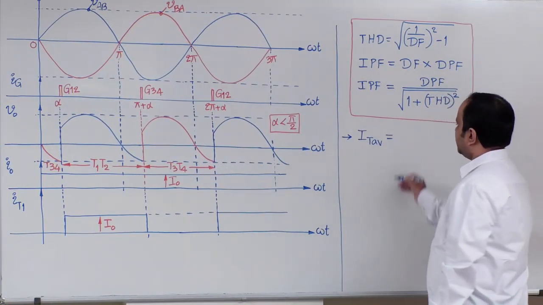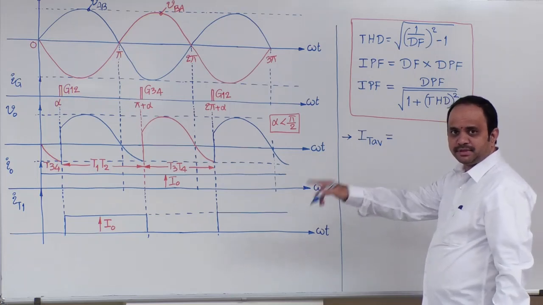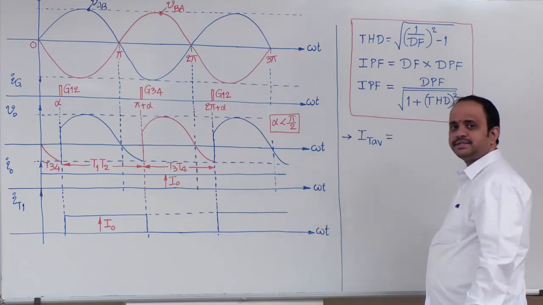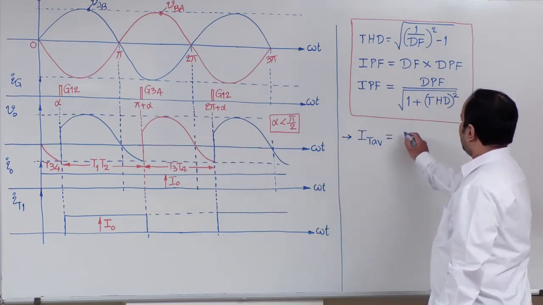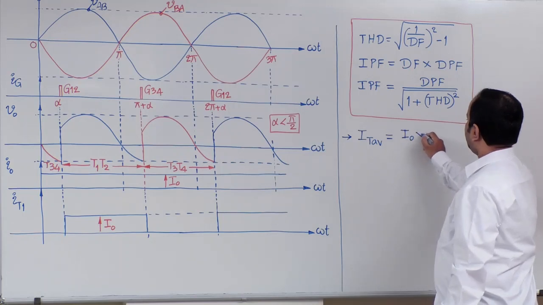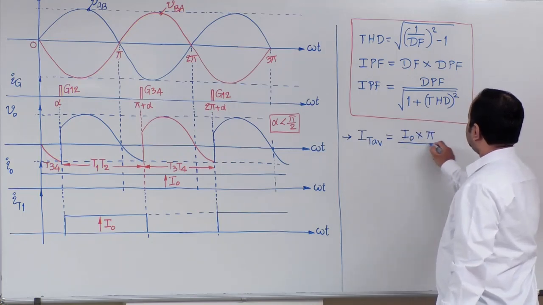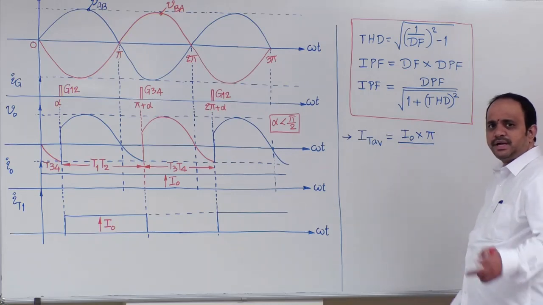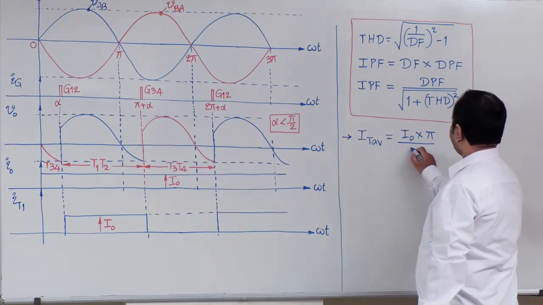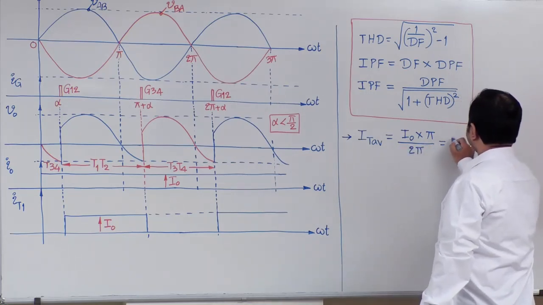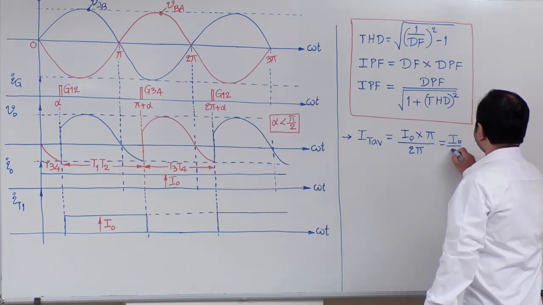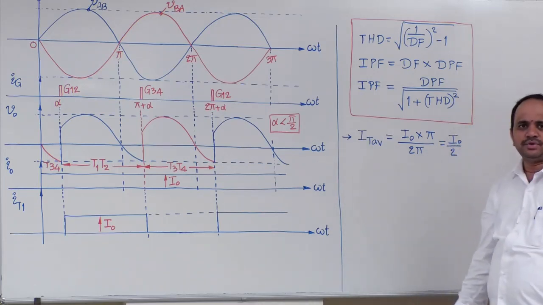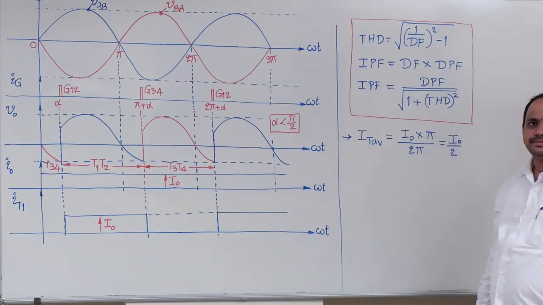That is the area of the rectangular waveform, recollecting our average and RMS values lectures: I naught multiplied with pi is the area, divided by one cycle time, 2 pi. Hence, the average value of thyristor current is equal to I naught by 2.